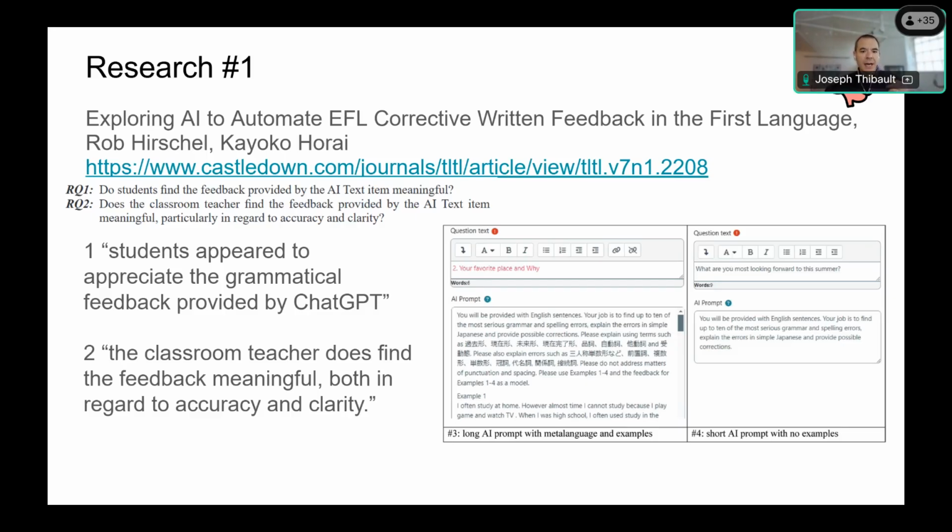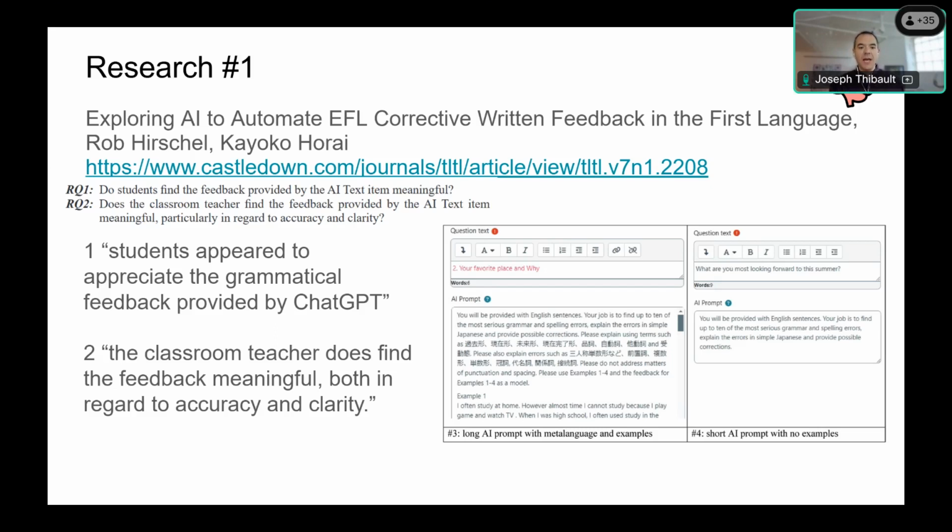So what I found really interesting here is that the conclusion of their research was that the students did appreciate the feedback coming in from ChatGPT. They mentioned it, it had a generally positive effect on the students, and they voiced that in their responses.